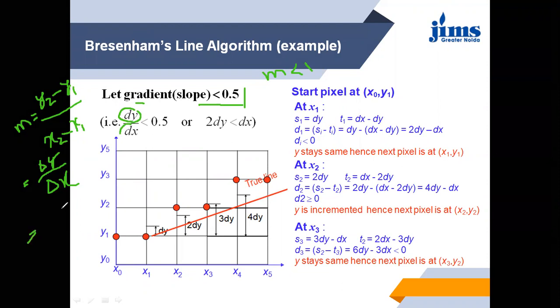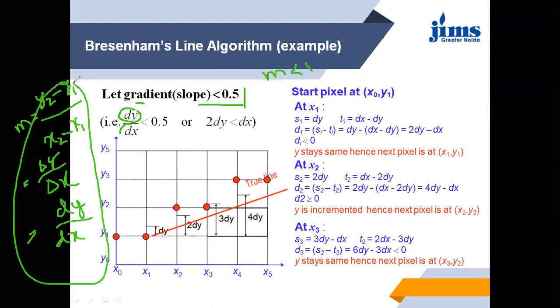These are also called dy and dx, and sometimes dy by dx. It is the same as y2 minus y1 and x2 minus x1.